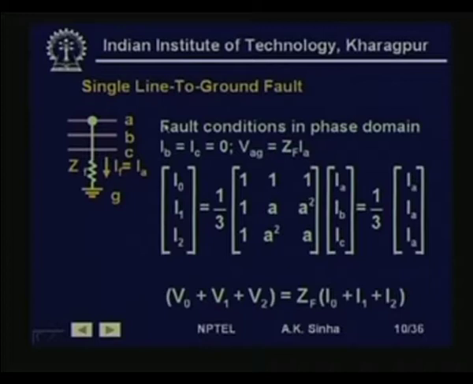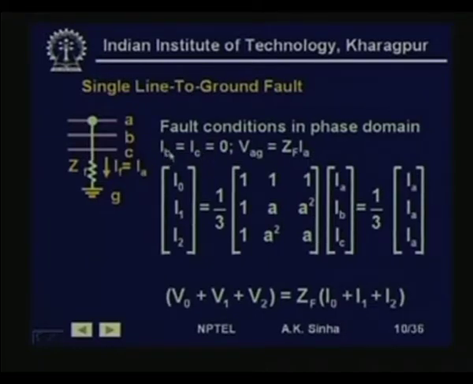Now, if we remember the assumptions that we have made, there we had said that the pre-fault currents are 0. That means the currents on phase B and C will be 0, that is IB and IC will be 0. Phase A is faulted, so there is going to be current flowing into the fault, and therefore, this is the current that we would like to find out.